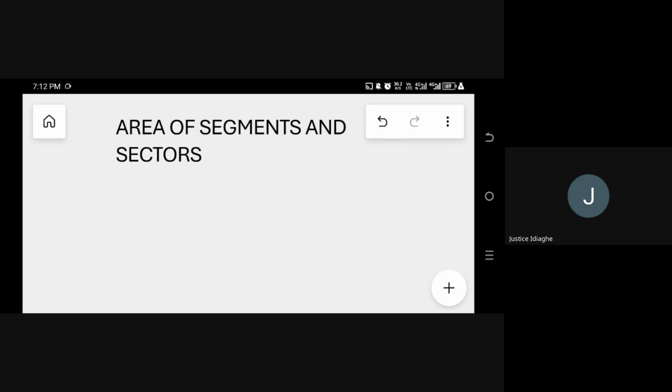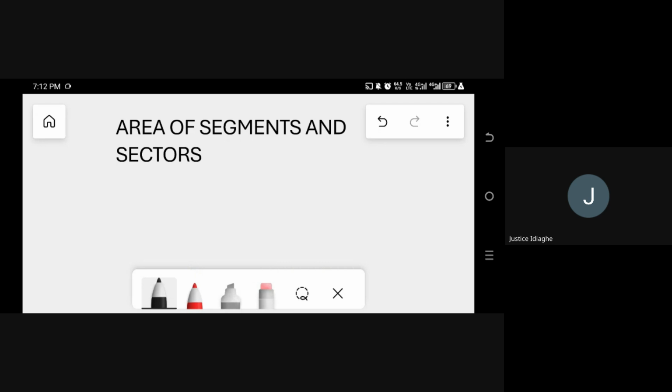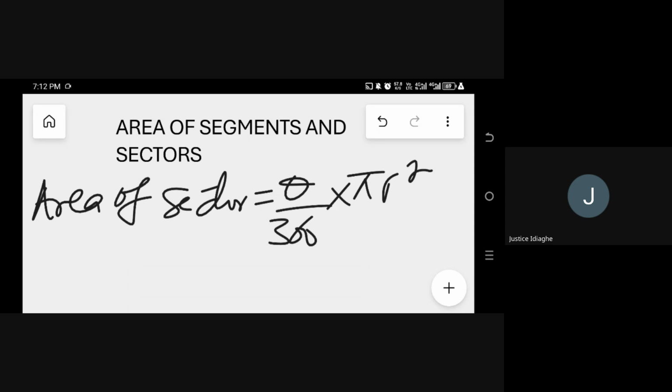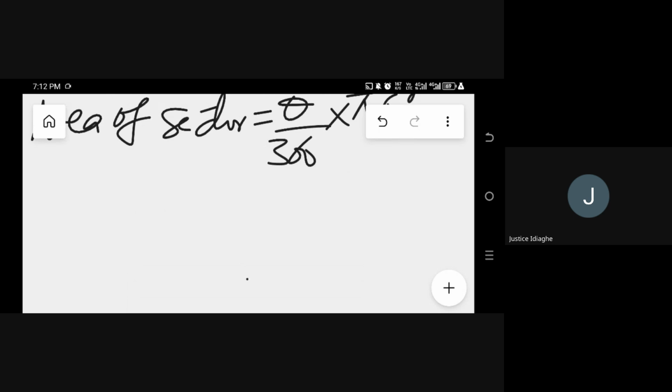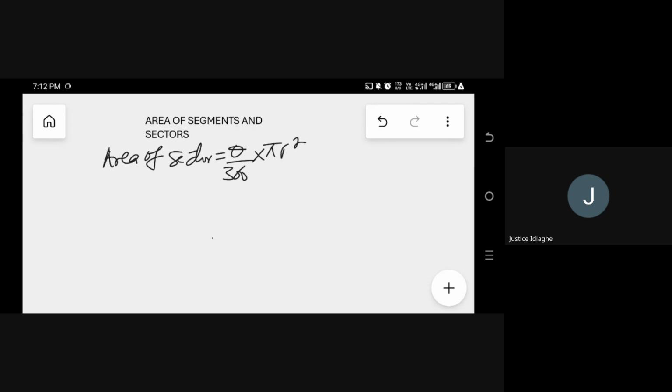For a sector rather, the area of a sector is theta over 360 times pi radius square. That's the formula for the area of a sector: theta over 360 times pi radius square.